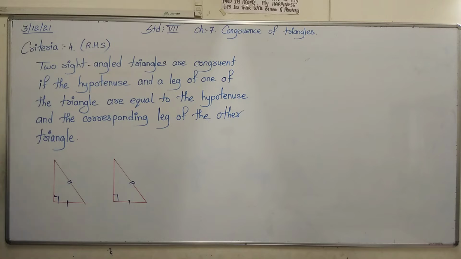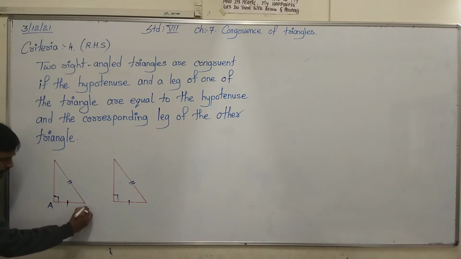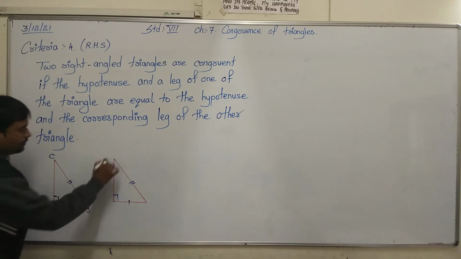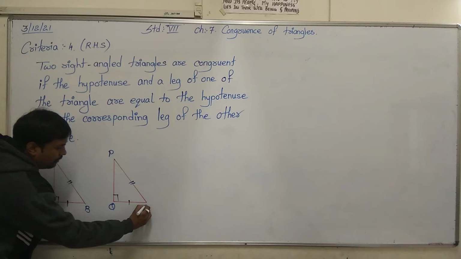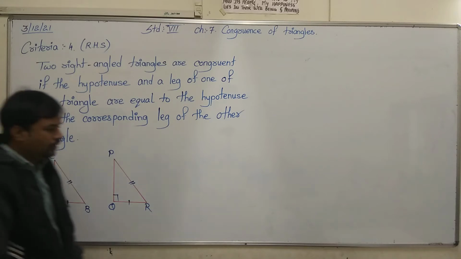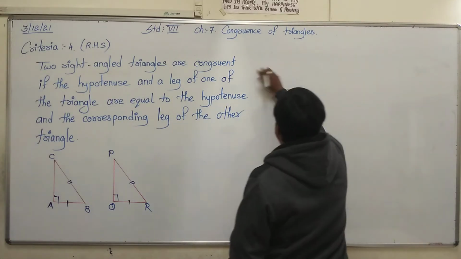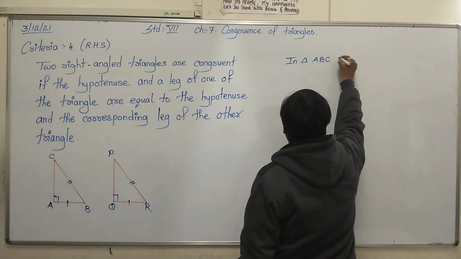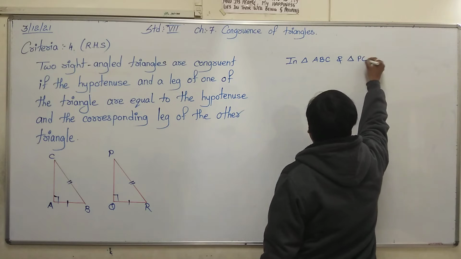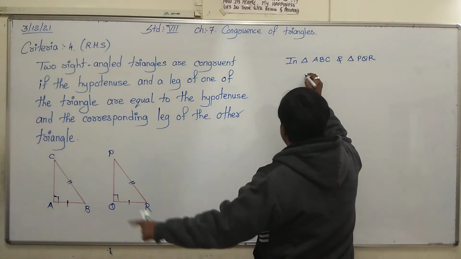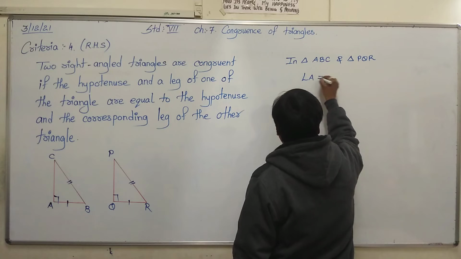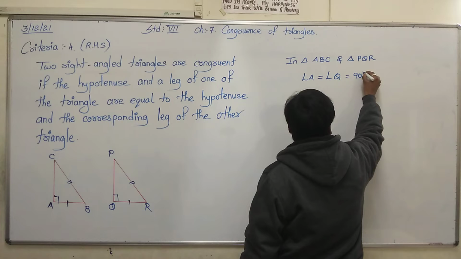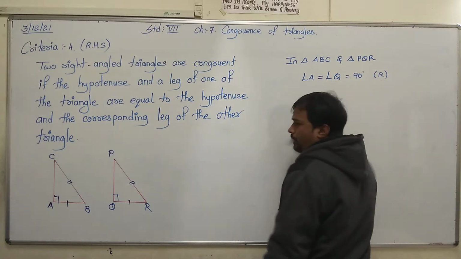Understood? Right? A, B, C, P, Q, R. Right? So what we can say is that in triangle ABC and triangle PQR, angle A is the same as angle Q of another triangle, that is 90 degree, right angle triangle.